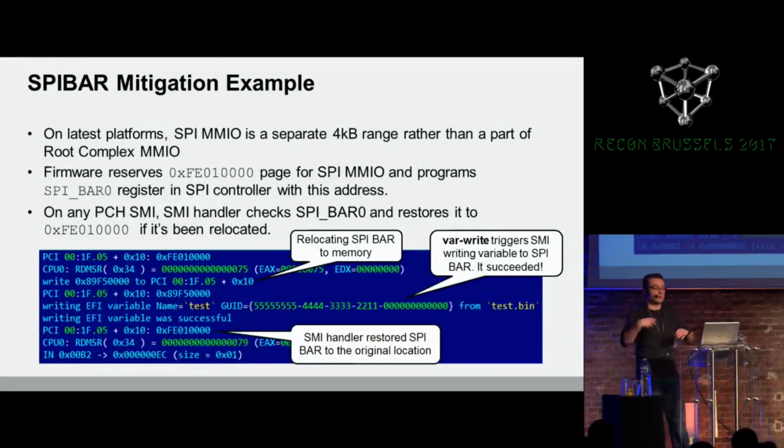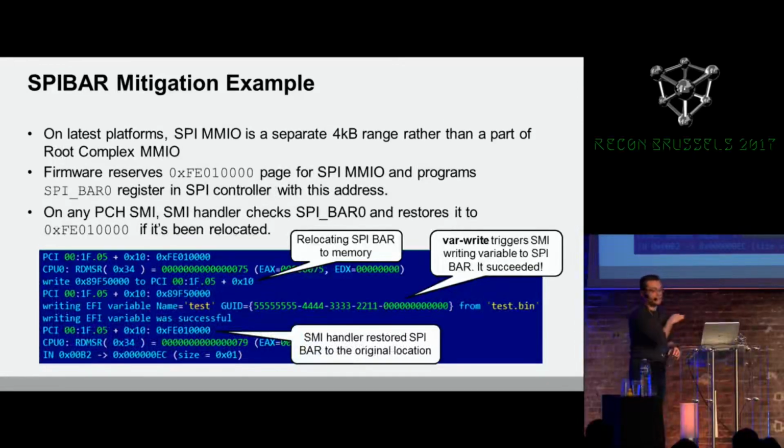If it's not, it overrides it with the default FE01 value. Then the SMI handler proceeds doing what it needs to do, preventing you from overlapping the range with anything else that you shouldn't have access to. So that's a screenshot with an example of this mitigation.